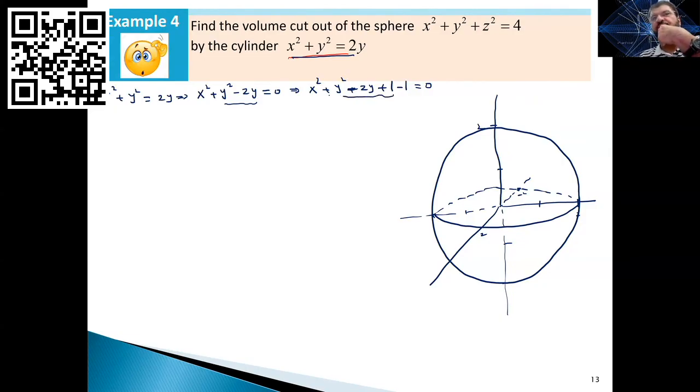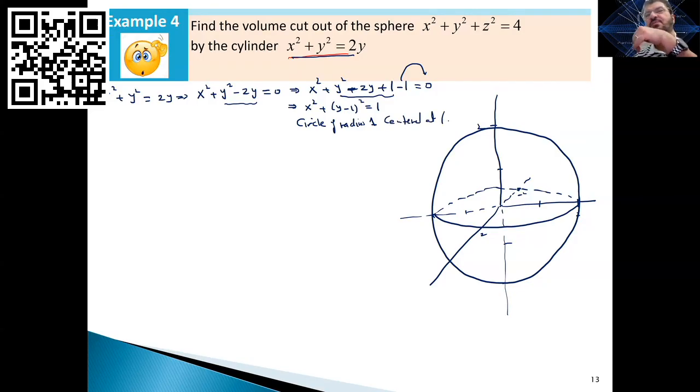Now, what is this all? This is a perfect square. So what do we get from here? We get x squared plus, this is y minus 1 all squared, by the way. You see this -1, I'm going to move it to the other side, becomes 1. What is this? This is a circle of radius 1, but where is it centered at?